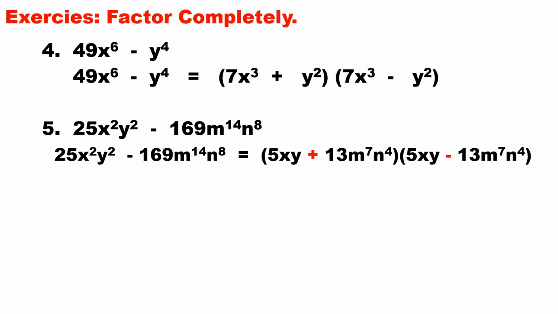Again, express the first factor as sum, second factor as difference. Therefore, the factors of 25x squared y squared minus 169m to the 14th n to the 8th equals quantity 5xy plus 13m to the 7th n to the 4th, quantity 5xy minus 13m to the 7th n to the 4th.